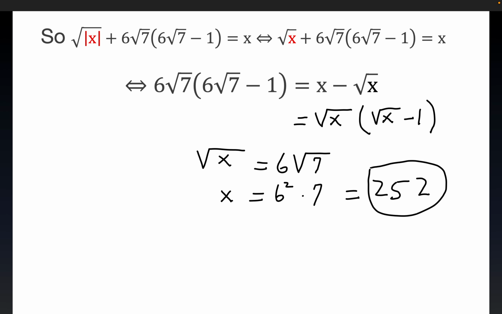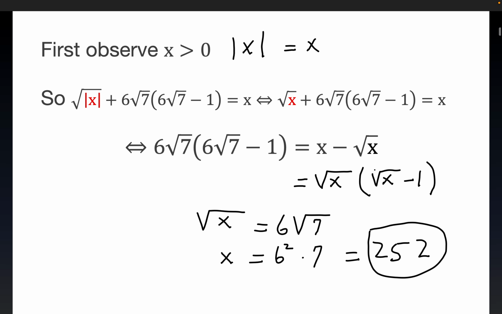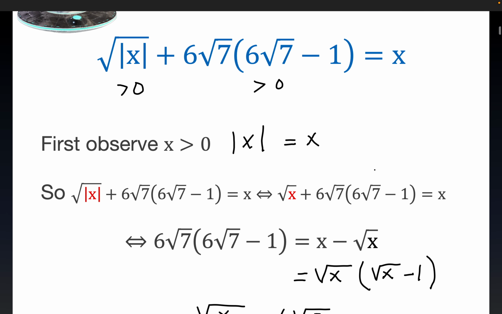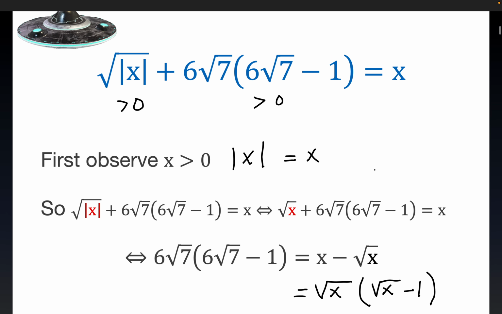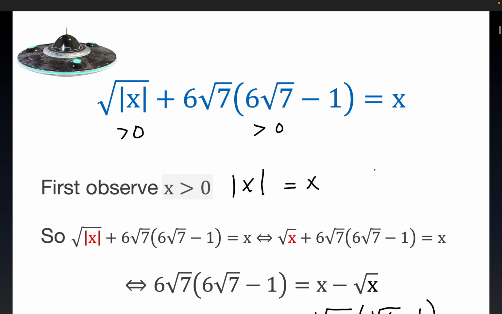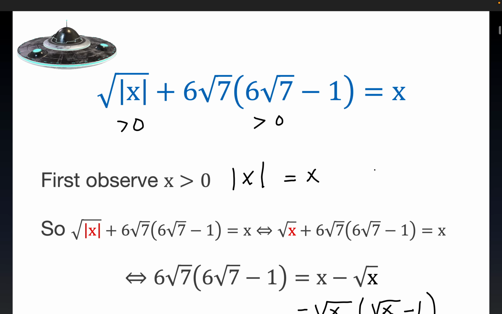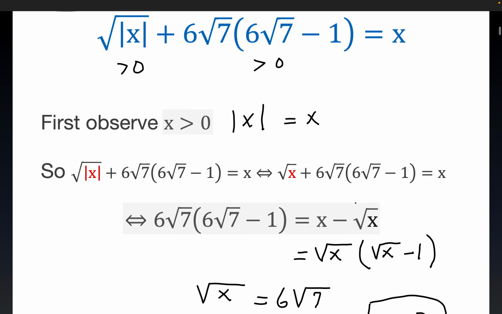Okay. Now, I will concede, I've been yammering quite a bit here. I will concede this problem was kind of designed to prove that you don't have to square radical equations. But again, at this stage of the problem, a lot of people would have just instinctively, including teachers, people who are pretty good at math, would just think, well, I need to square here. Of course, you square the right-hand side.